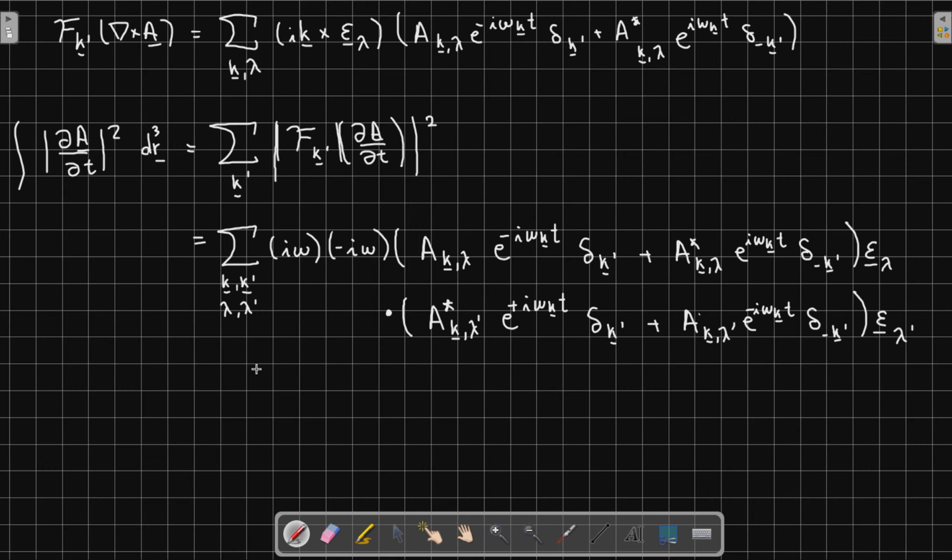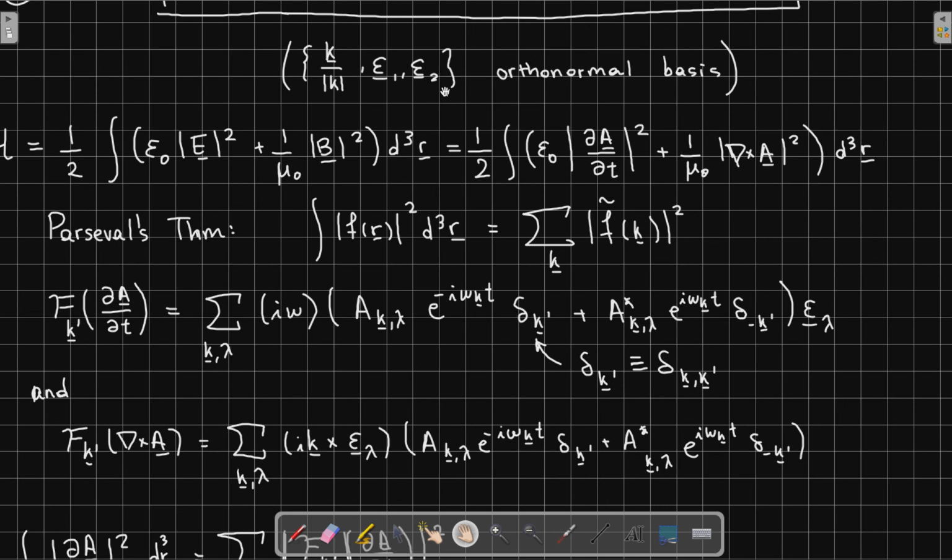Next, we use the following identity: e_λ dot e_λ′ is equal to δ_λλ′, okay? Why? Because as we said, λ and λ′ and k form an orthonormal basis.